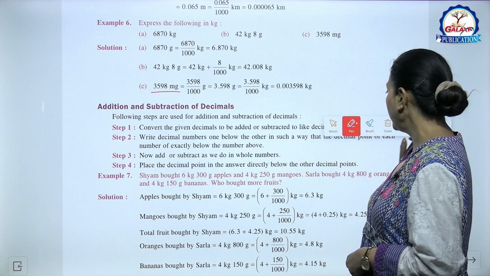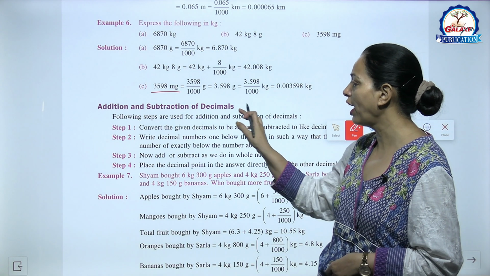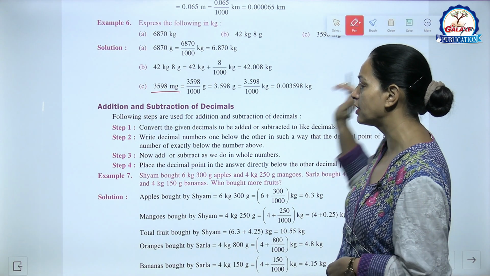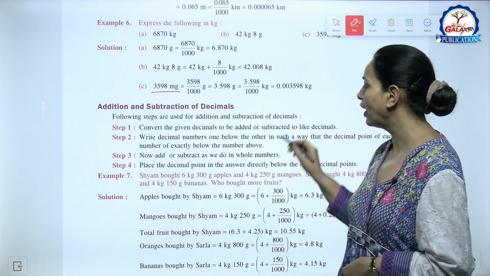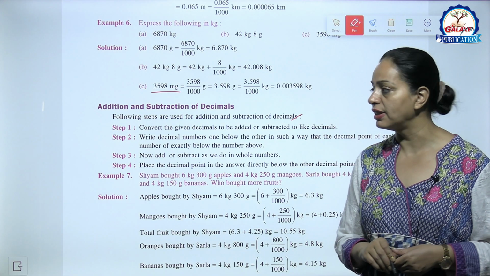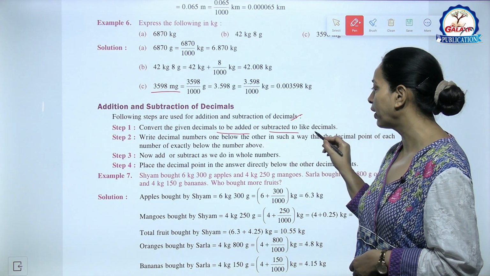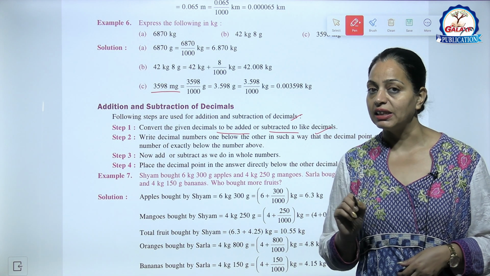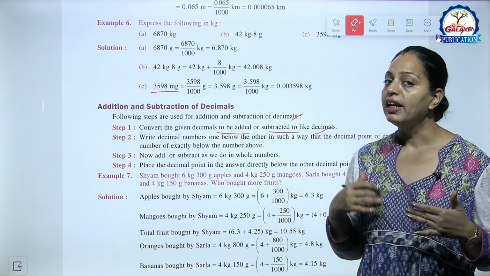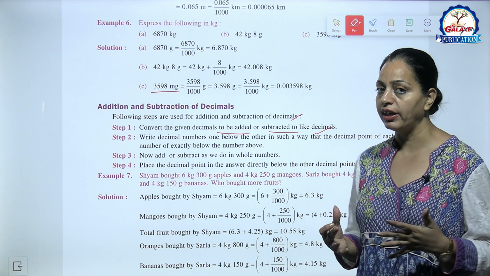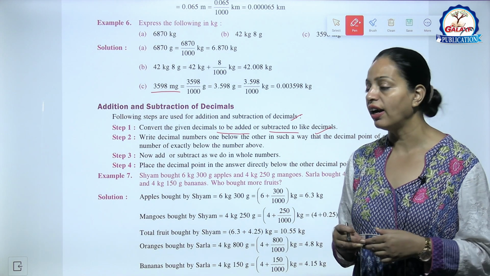Okay. Now the next we are talking about addition and subtraction of decimals. Following steps are used for addition and subtraction of decimals. Step 1. Convert the given decimals to be added or subtracted to like decimals. पहले हम क्या करेंगे, like decimals में convert करेंगे if decimals are unlike.